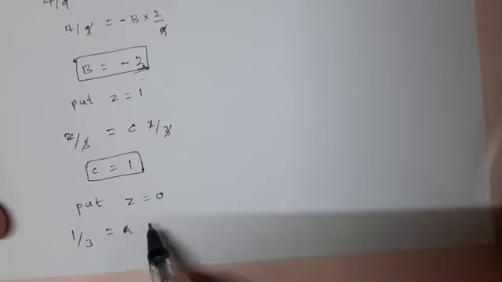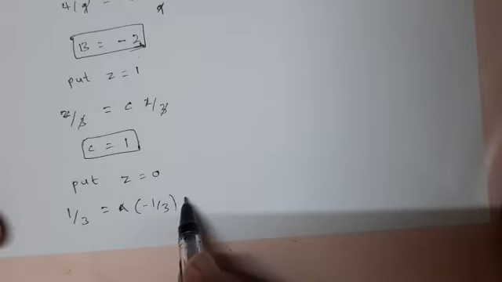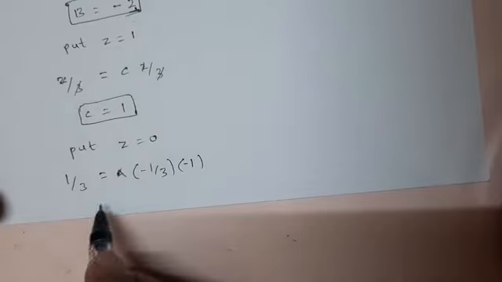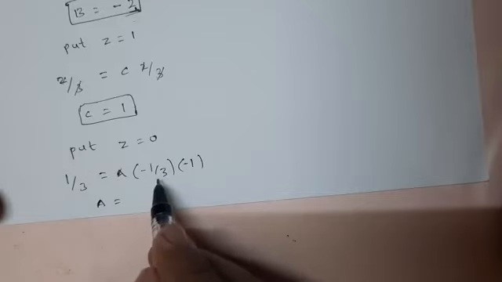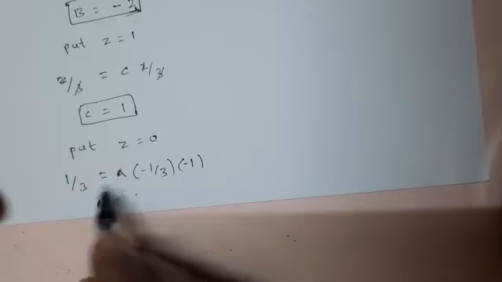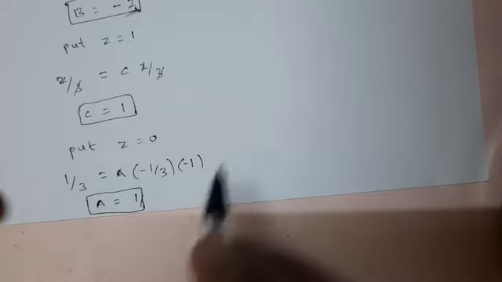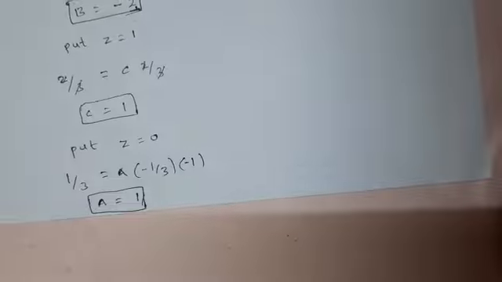By substituting z equal to 0, it is minus 1 by 3 and minus 1, which is, okay, a equal to, this is 1 by 3 and 1 by 3, so a equal to 1, c equal to 1, and b equal to minus 2.